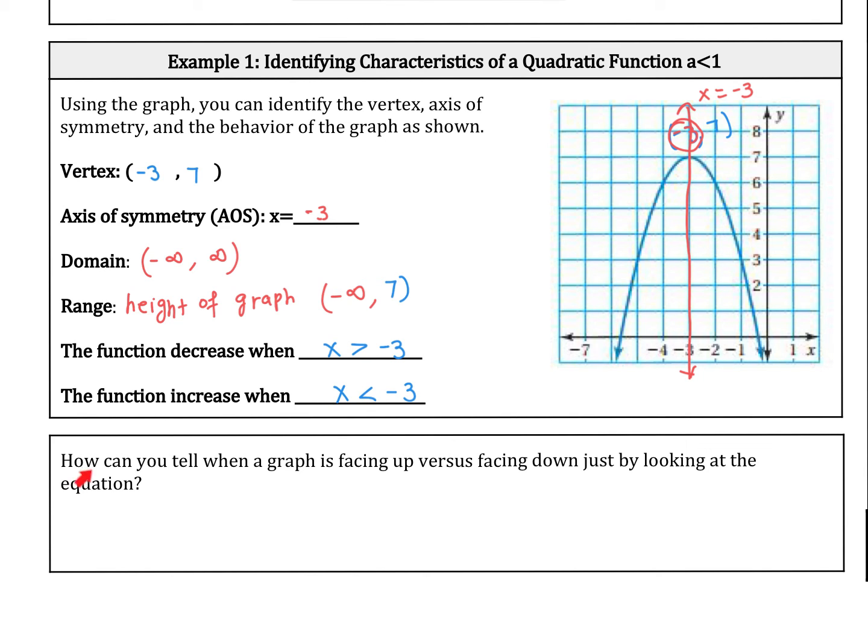How can you tell when a graph is facing up versus facing down? Just by looking at the equation.